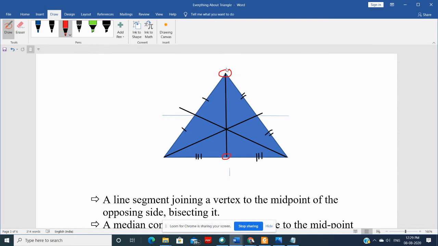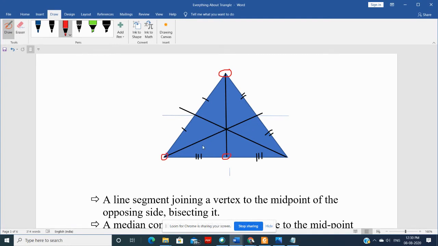So, a median is a line segment which always bisects the opposite side. Again, see, this is your vertex, and if you draw a line segment connecting to the midpoint of this side, then this is called a median.